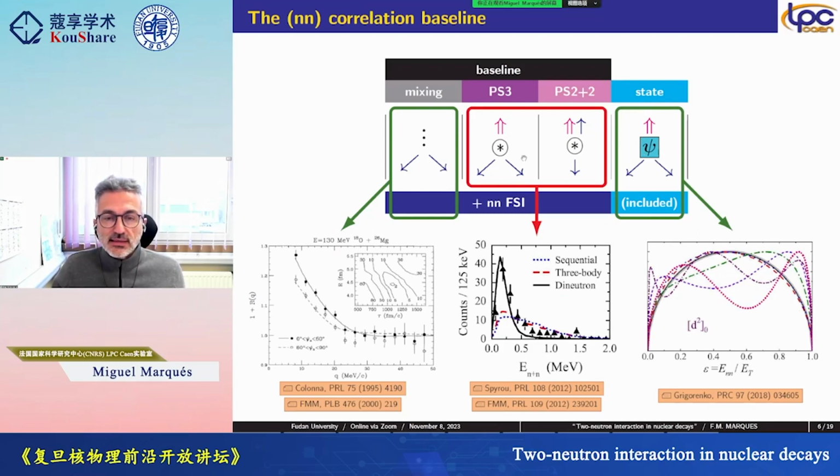And in this central case, this example is the claim of MSU in 2012 of a dineutron decay. So they compared the data to phase space only, to these 2 phase spaces, but they didn't include the neutron-neutron final state interaction. And by not including this, of course, the best description of the data was the dineutron scenario, but this was because they had not included the final state interaction in the phase space. We discussed this in this reference below.